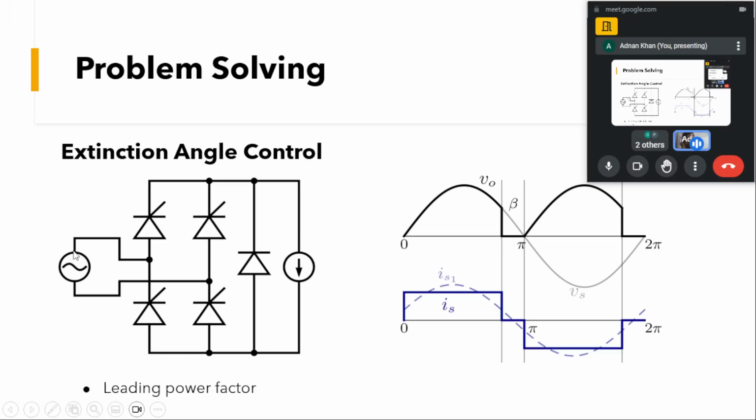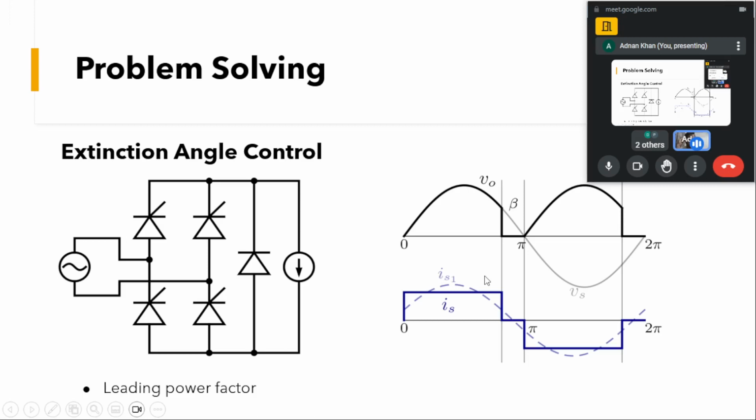After that, at the 0 interval, these two devices will be turned on, and after they reach a certain beta angle, they will be turned off. We saw that when these two devices are on, the source current will be positive, and when these two devices are on, the source current will be negative.